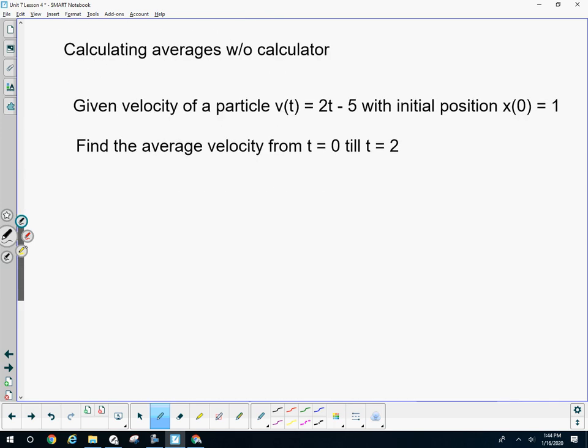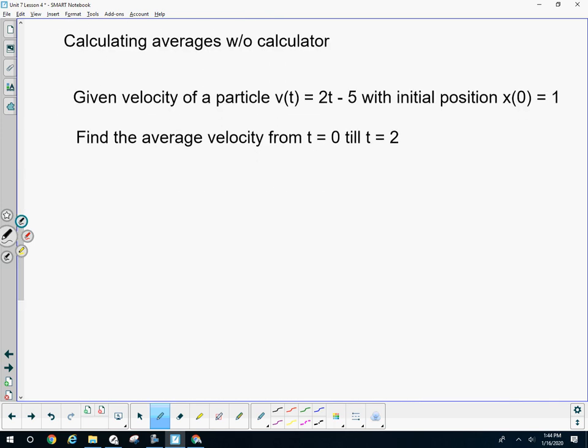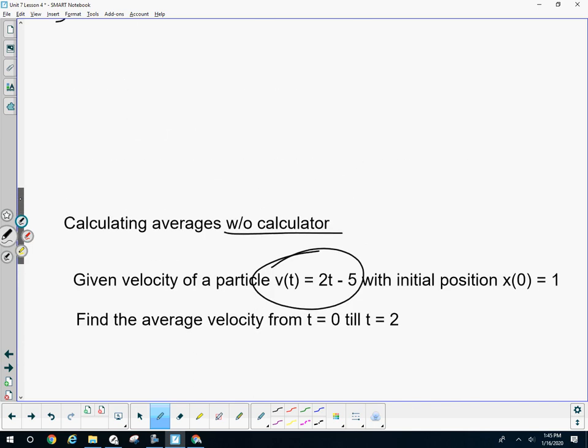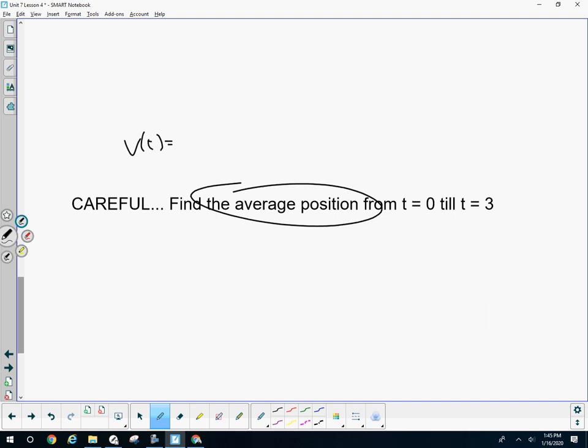All I ask is that we be careful. If we are to find an average without a calculator, let's say I give you velocity and I ask you to find the average position. Okay, let's just go straight to the bottom one. I was told that my velocity is 2t minus 5.